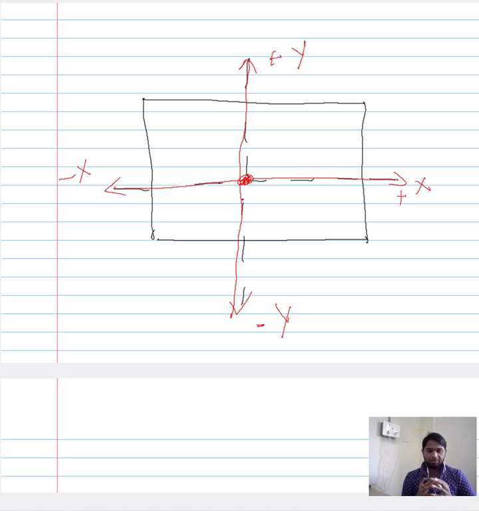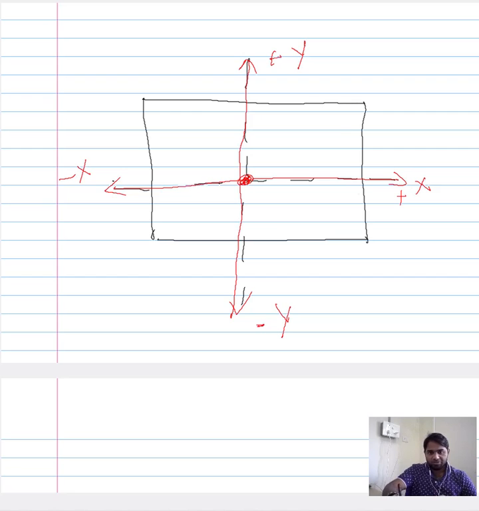Now by convention, shear stress is positive when it is in the positive plane and acting along the positive direction. That means only when the shear stress is acting on the positive plane, that is in this region. This plane is on the positive side of the x axis.